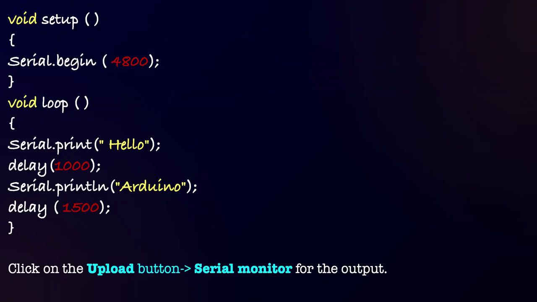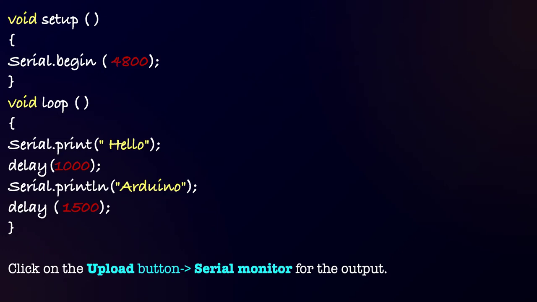Let's see an example. In the void setup, again, we have mentioned the baud rate with Serial.begin(4800). Then in the void loop, what you have done is Serial.print("Hello"), then delay(1000). What is 1000, dear students? I hope you know, we have discussed it in the previous sessions.